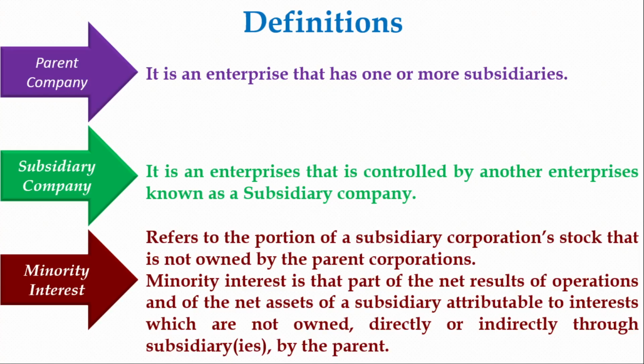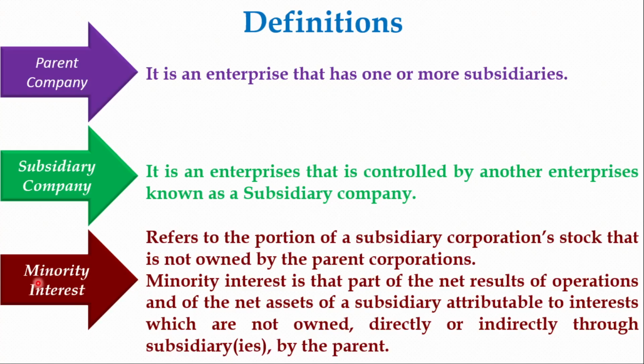Out of 1 lakh, 60,000 shares are held by B Limited. So that is the holding company, B Limited. In this case, B Limited is the holding company, and 40%, or we can say 40,000 shares, are held by outside persons, or we can say the minority, because here 60% of the shares are held by the holding company or parent company, and the 40%, that is the minority part, is held by those minority persons of the subsidiary company.